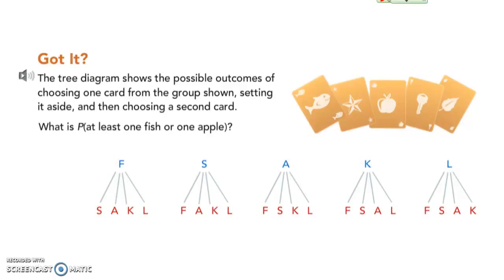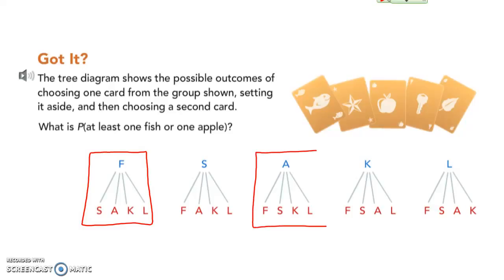So looking at the tree diagram, what is the probability of at least 1 fish or 1 apple? So we would have all 4 of these combinations because that starts with fish. We would have all 4 of these combinations because that starts with apple. Then we would have the fish and apple, fish and apple, fish and apple from down here.